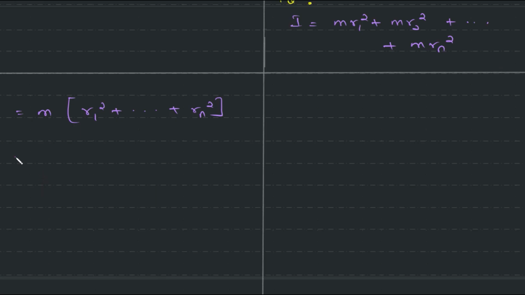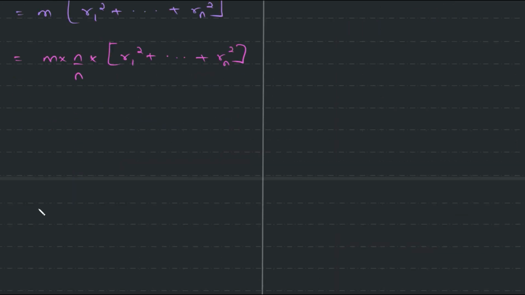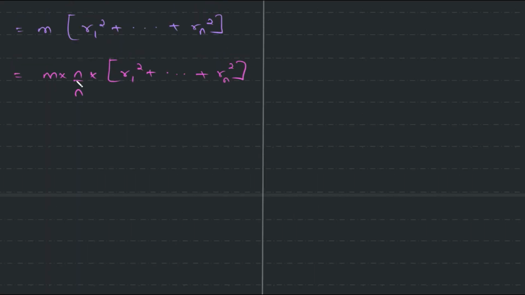Okay, so now I'm going to multiply and divide by n. I'll explain why. Now we know that we have m particles and there are n of them. So m times n will give us capital M. What is this capital M?